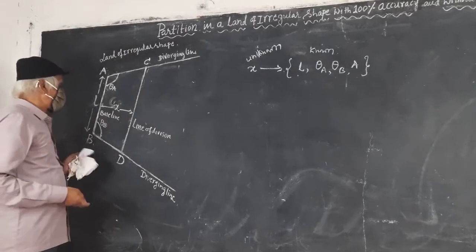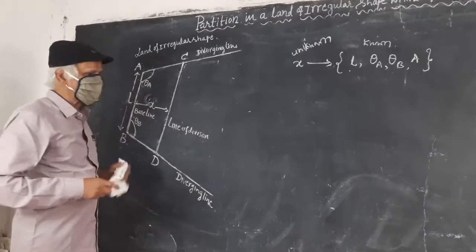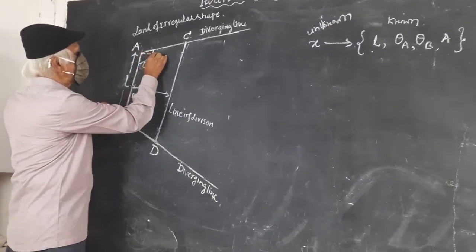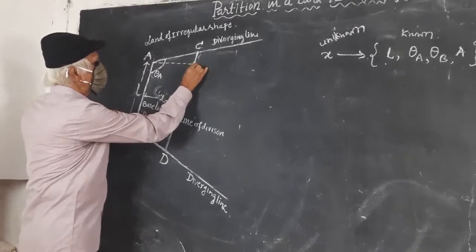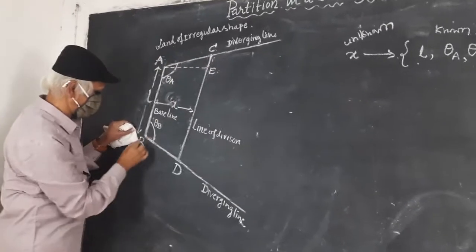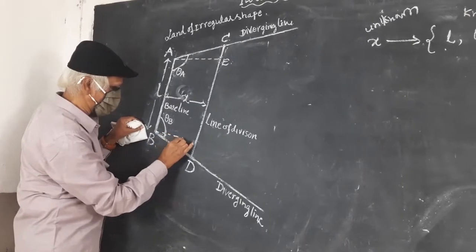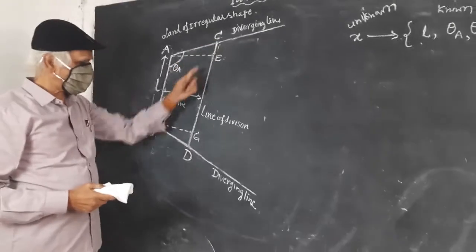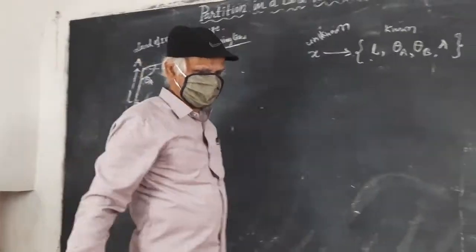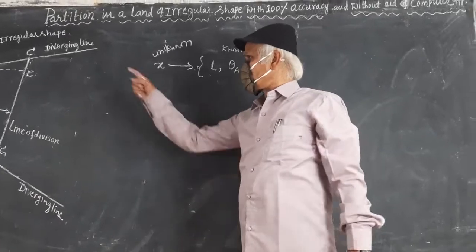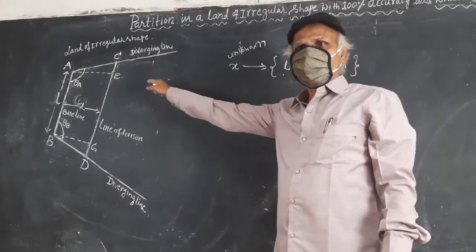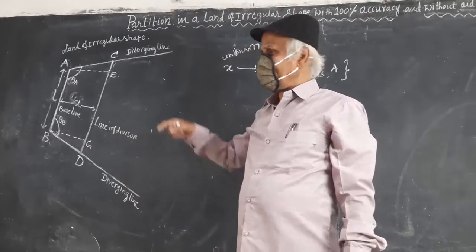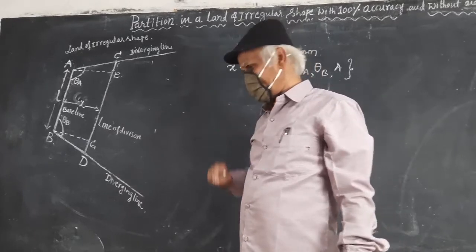To unlock this problem, you just drop two perpendiculars, one AE and the other BG, respectively, on the line CD. This is clear. The two perpendiculars will divide the partition area into two right angles and a central rectangle.